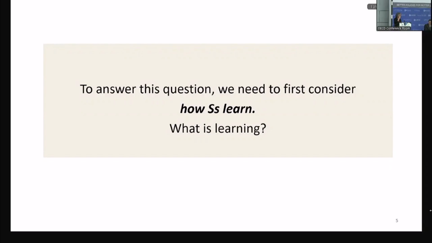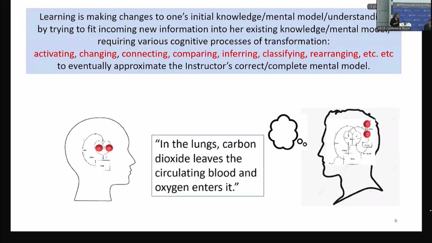To answer this question, we need to first consider what learning is. The way I conceive of learning is that learning is making changes to one's initial knowledge, mental model, or understanding. The person on the left is a student with an initial mental model that doesn't look anything like the expert mental model about the circulatory system on the right.